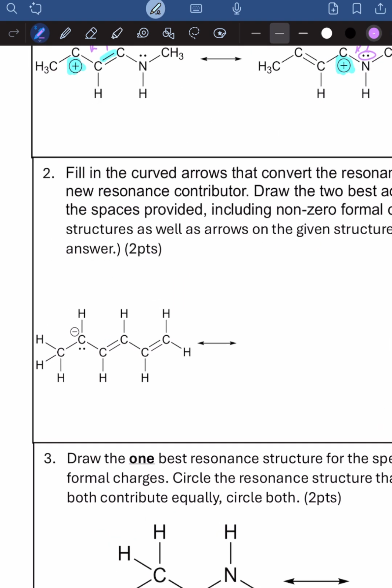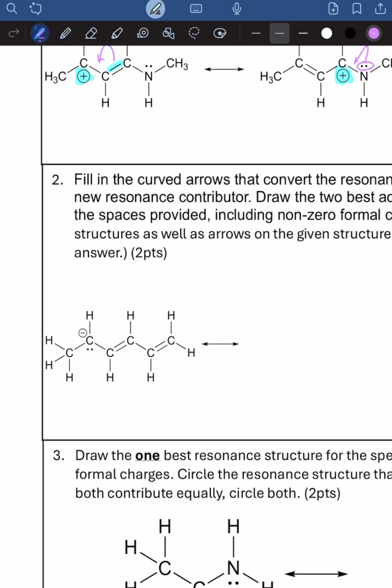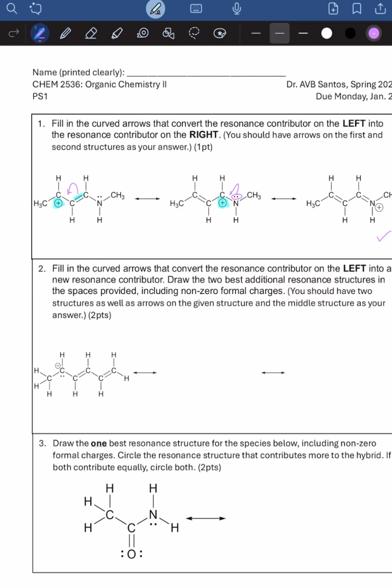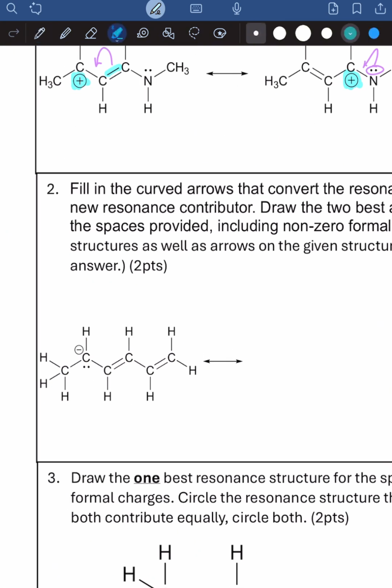Okay, now let's look at question 2. Fill in the curved arrows that convert the resonance structure on the left into new resonance structure contributors. So in this case, we don't have any new structures, so we have to make our own structures. Same thing, first step is locate the charge, and we're going to work around that.